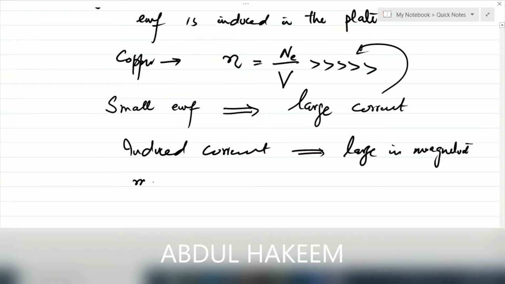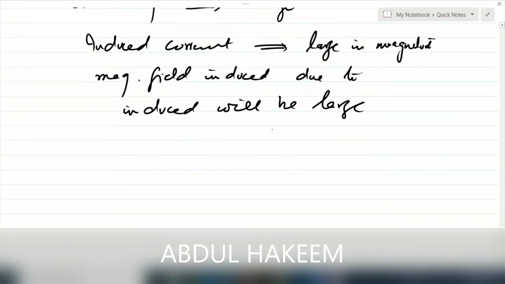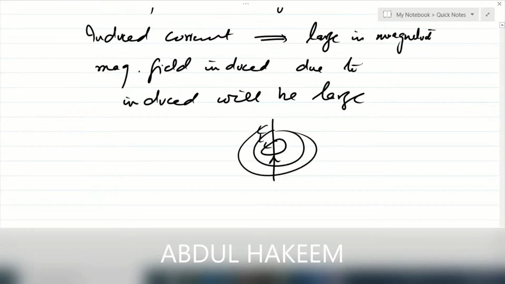So the magnetic field induced due to the induced current will be large enough, because when current is induced, according to the right-hand grip rule, we can determine the direction of the magnetic field, right? So the induced current has a large magnetic field.